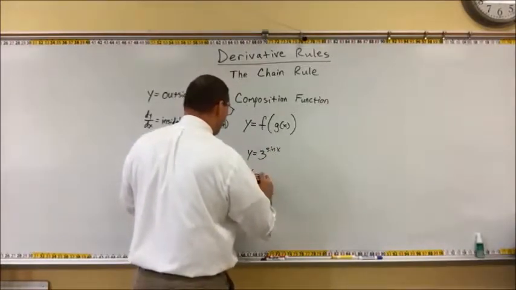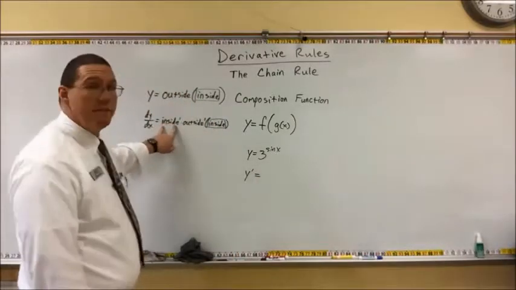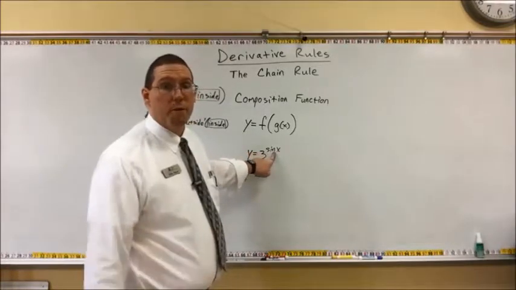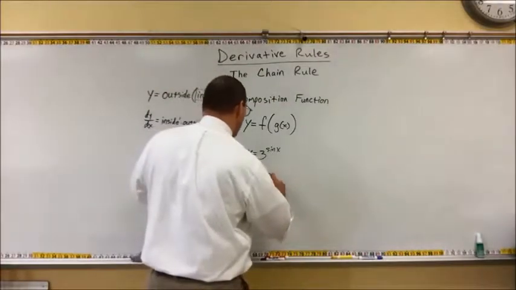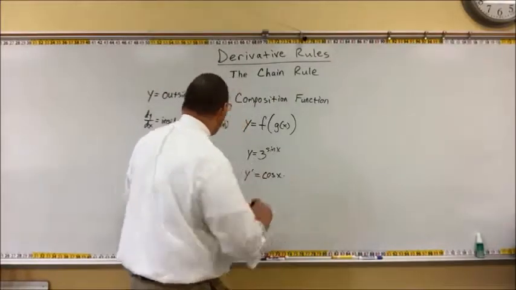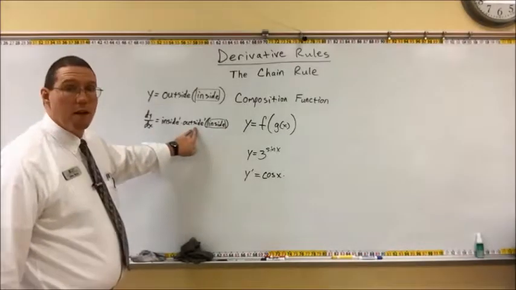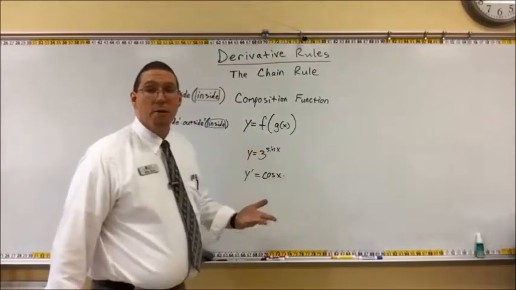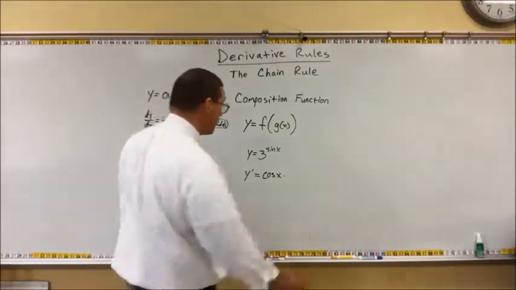y prime is going to be equal to, the first thing we're going to do is the derivative of the inside. Well, the inside function is sine of x. What's the derivative of sine of x? Cosine of x. So it's going to be cosine of x times, right? Derivative of the inside times the derivative of the outside. Now, the derivative of 3 to the x power is 3 to the x power times the natural log of 3.